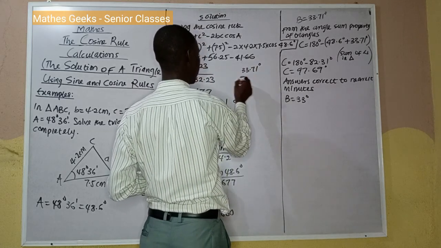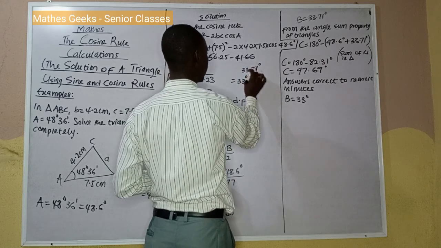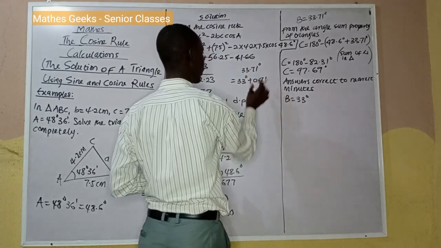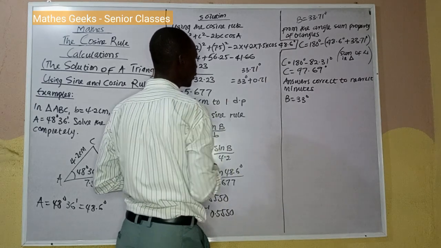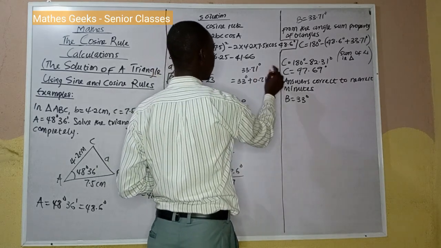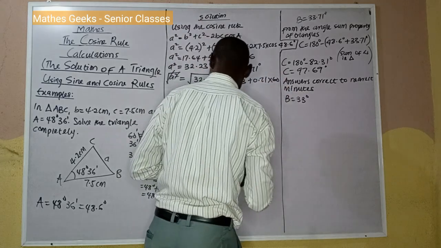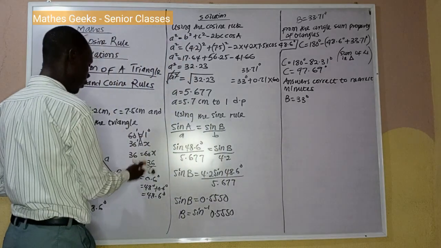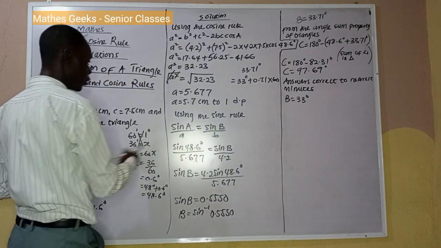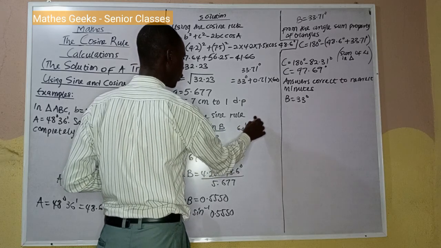This is how we go about it. We split this to give us the whole number part for our degrees, then the fraction 0.71, which was what was added to give us this. So 33 degrees, 0.71 times 60. You multiply this decimal by 60. Why do we need to do that? Because from our analysis, when we converted from minutes to degrees, we know that 60 minutes is equal to 1 degree.